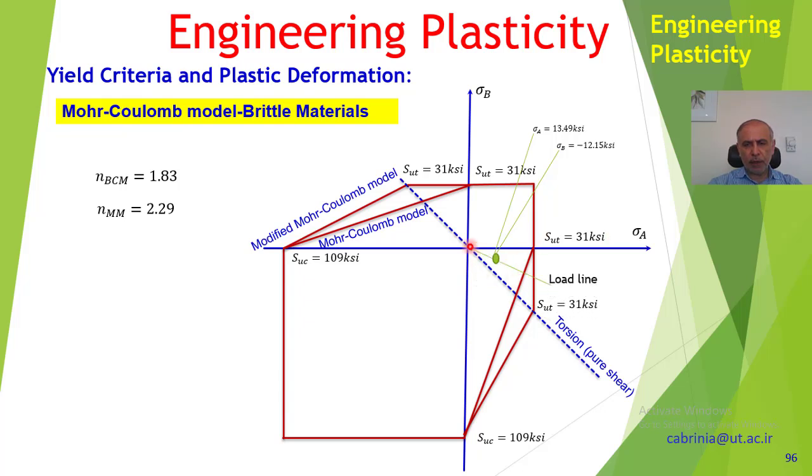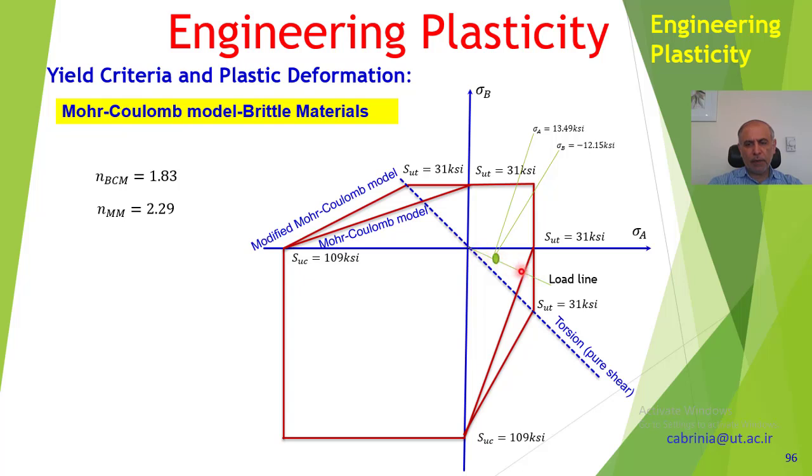Okay, as you can see, for the MM model, which is this one, it is further away, and so the load line could go up to there before yielding, and we have this as the load point.